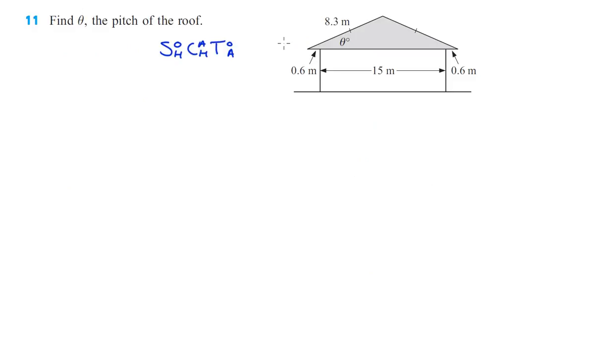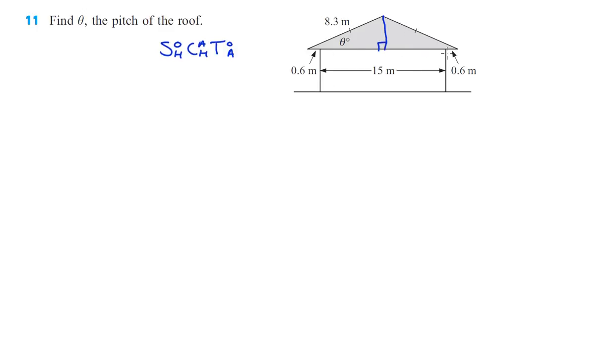Find theta, which is the pitch of the roof. The pitch is considered to be how far up something goes versus how far out something goes. Okay? So the pitch of the roof, so let's make ourselves a right triangle, like that.